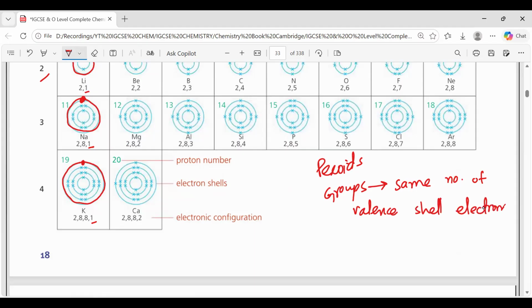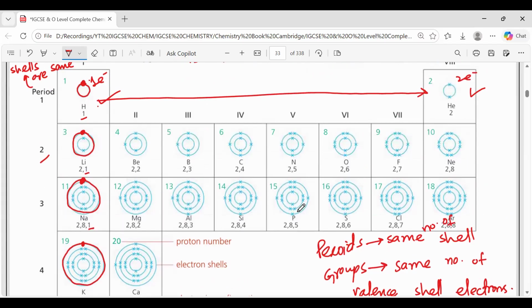This is the similarity in them. In the periods, they will have the same number of shells. If I talk about period one, it means there is one shell. If I talk about period four, it means there are four shells. Okay. Are you clear with this?